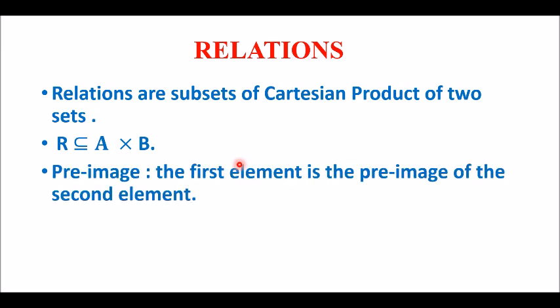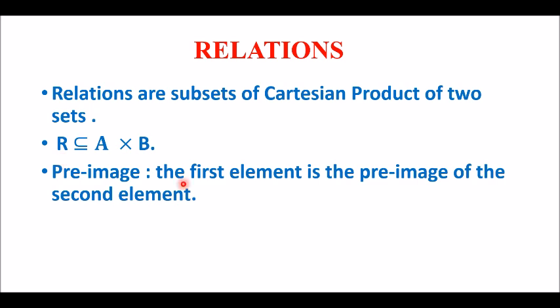Then after knowing what a relation is, there are some new terms that we are supposed to know. The first one is pre-image. The first element is the pre-image of the second element. Actually I have written this definition in a concise, short way. The full sentence would have been: if R is a relation from A to B and there is an element (x, y) which belongs to R, then we can say x is the pre-image of y.